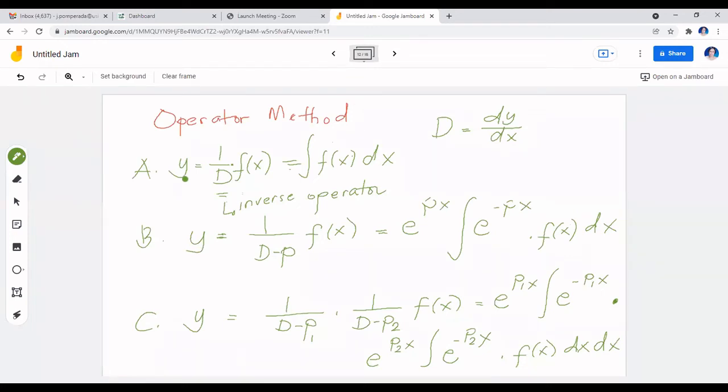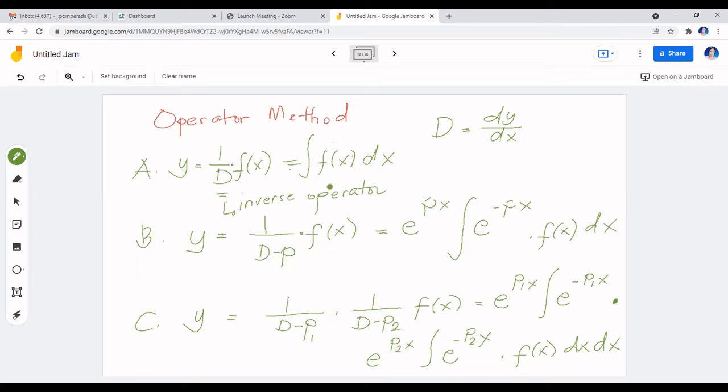The other expression that you could see is this 1 over D minus P, where P is any real number. That is why your roots of the characteristic equation have to be real. So P is a constant, it's a real number, and it's being subtracted from the D, and it's 1 over D minus P times the function of x.